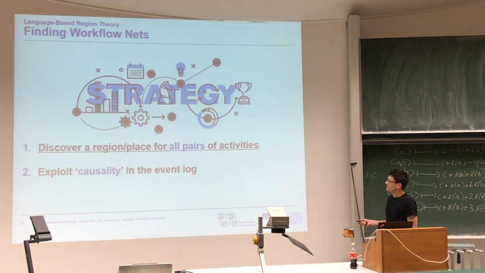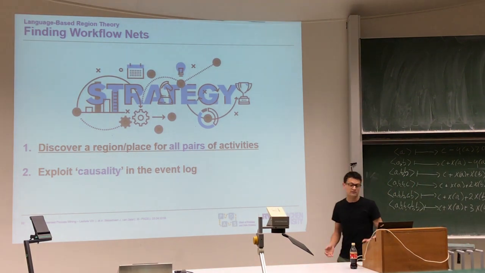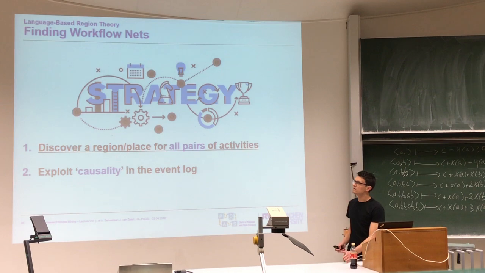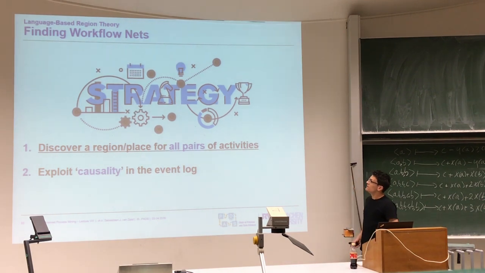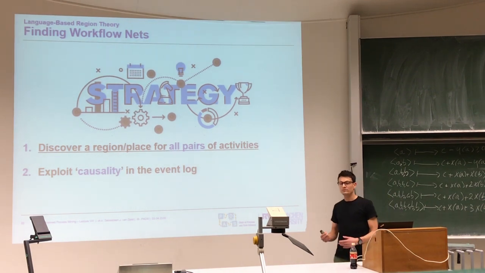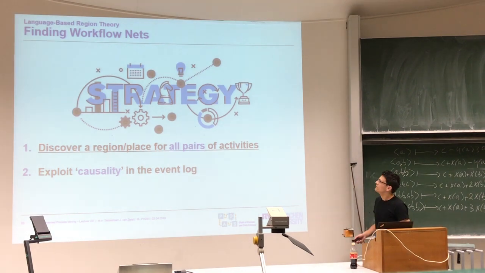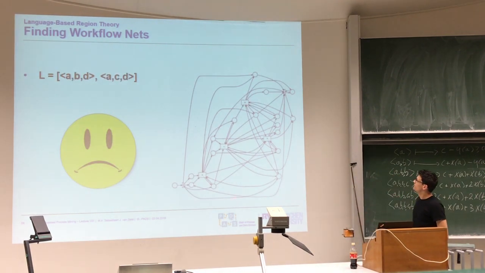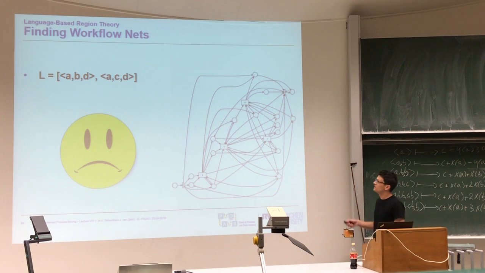So again, I can generate all possible pairs of the activities. In the case of A, B, C, D, this is AB, AC, AD, BA, BC, BD, also BB, AA, etc. And if I do that with this simple event log, so I solve an ILP for each possible combination I can make, so AB, AC, AD, AA, BB, BA, BC, etc., this is what I get.